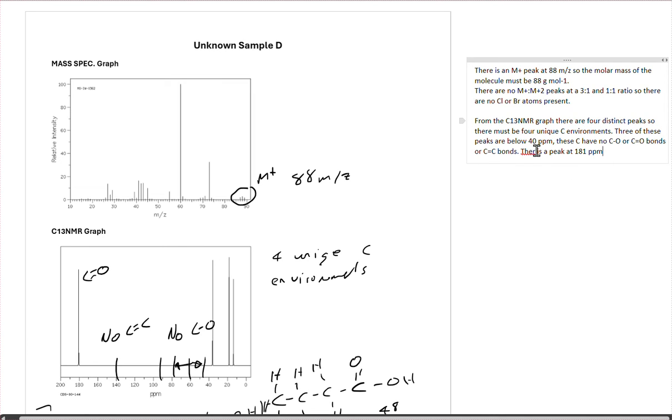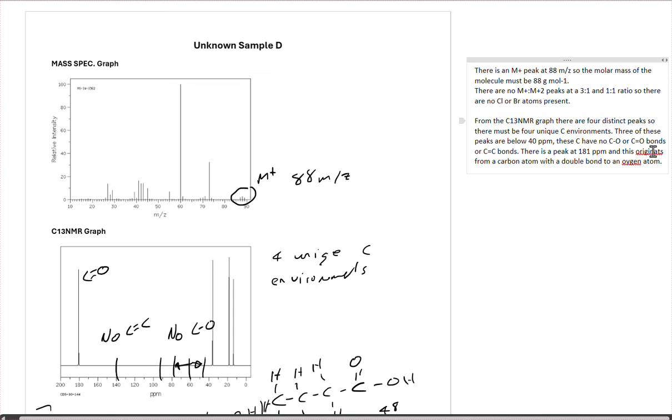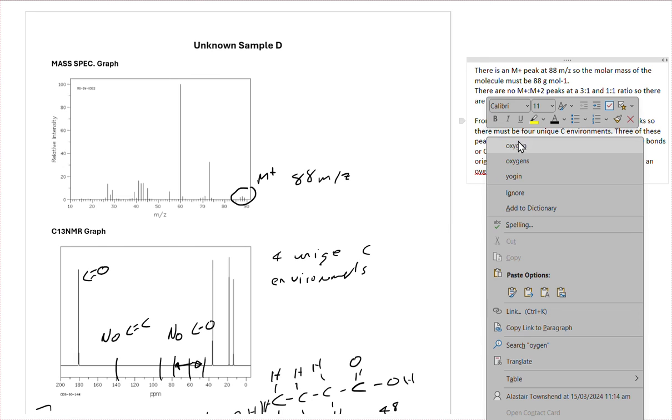So there is a peak at 181 ppm. This originates from a carbon atom with a double bond to an oxygen. Cool. Let's correct that. And oxygen, why did I spell that wrong?